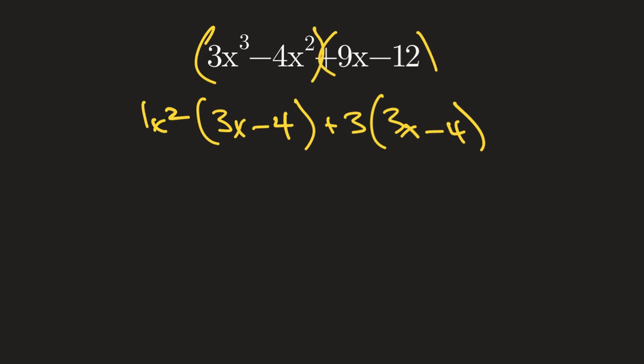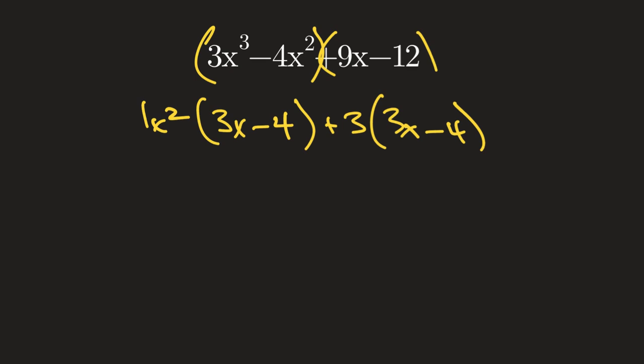Are we getting two identical sets of parentheses? Yes. That means you are on the right track. Okay? If we're going to do factor by grouping, this is something we need to anticipate. And if we get it, we can say, look, let's keep going. Is everybody okay with where all that came from? Okay.